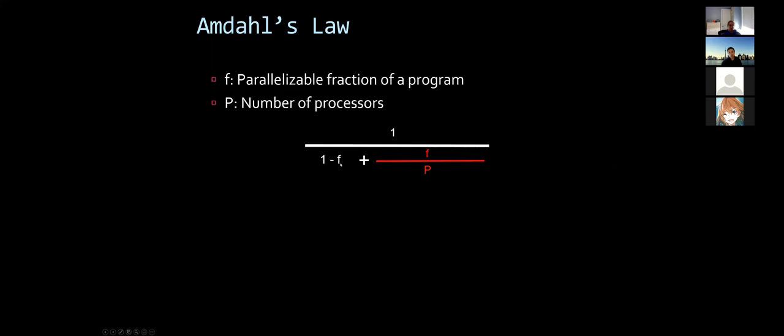So for example, if the sequential code is 10%, then f, the parallelizable fraction, is 90%. If the non-parallelizable fraction is 10%, then I can't speed up things faster than 1 over 0.9, which would be 10 over 9, right?